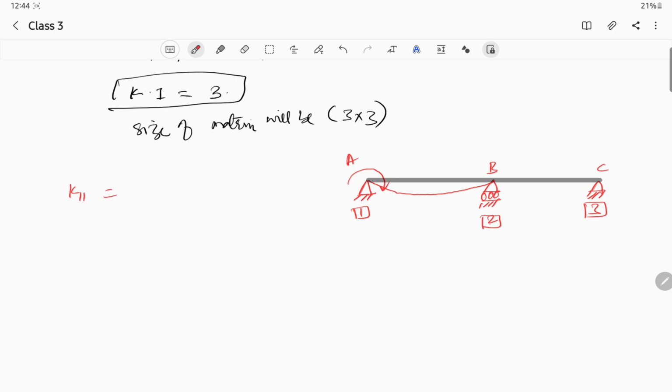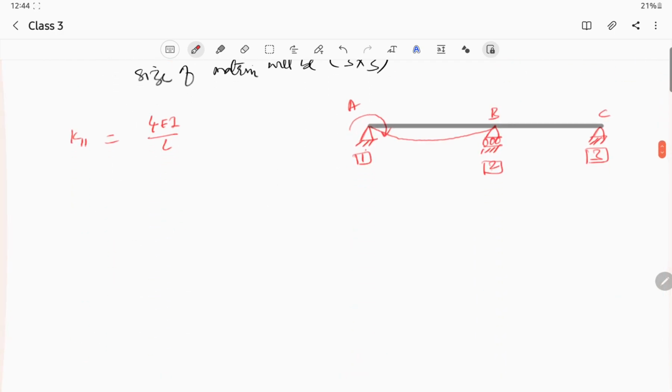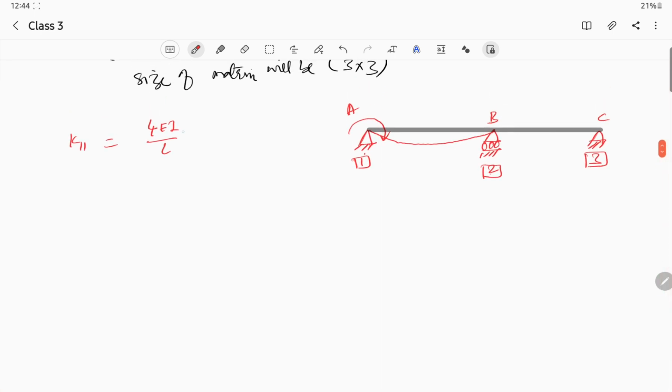K11 is equal to the rotation at A, and what is the stiffness at point A? We can write it as 4EI by L for span AB, because the rotation is at the same place. Similarly, after 4EI by L, we write 4E. What is the value of I given to us for span AB?